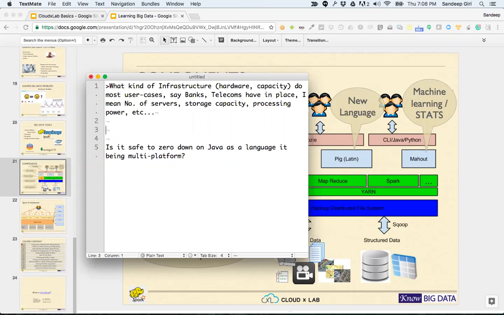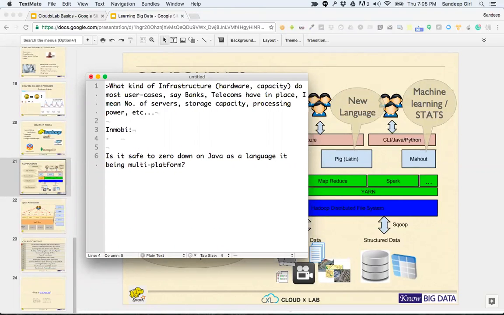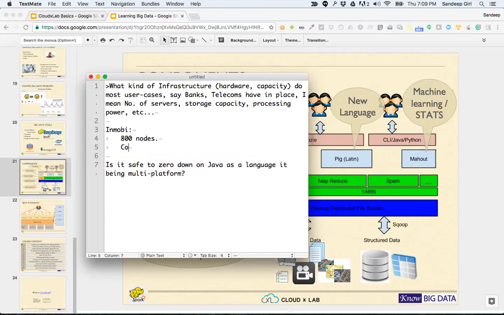Now, coming back to what kind of servers, I'll give you an example of InMobi. At InMobi, we had a humongous data store. We were using around 800 nodes, mostly commodity hardware.